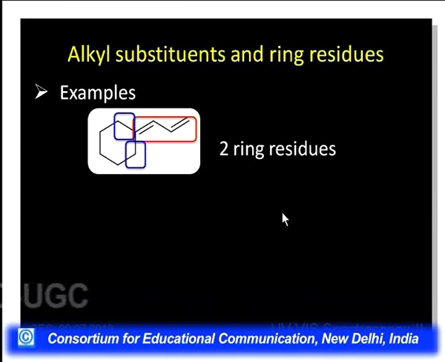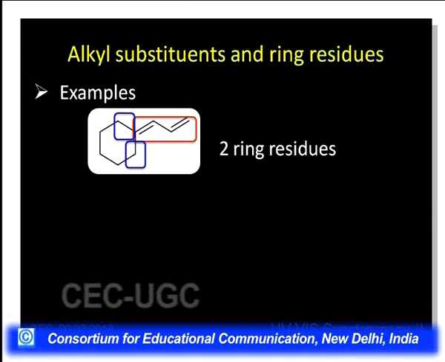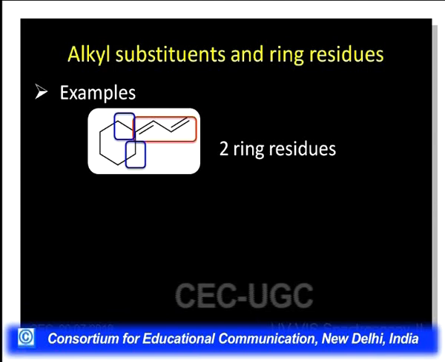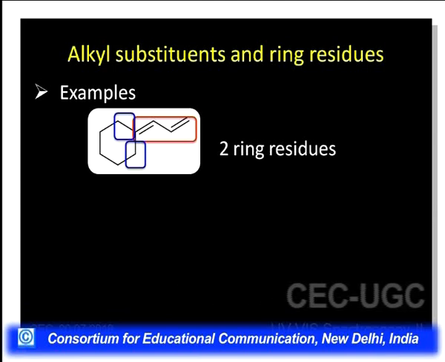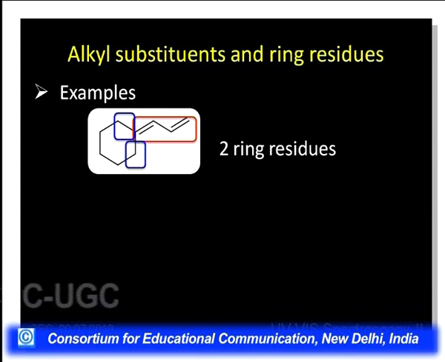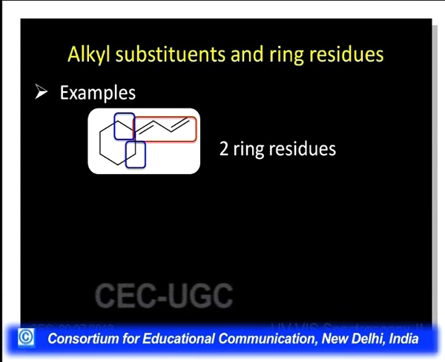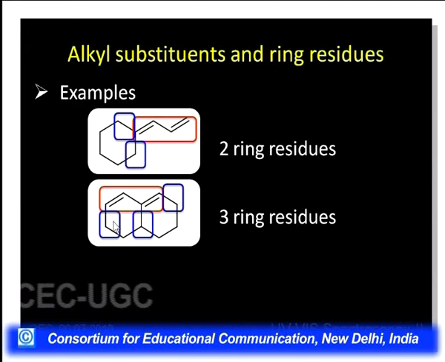So distinguish between ring residue and alkyl substituent. An alkyl substituent will come only if it is an open chain structure. If the substituent happens to be part of a ring, then we call it a ring residue. So that's a distinction we have to make here. In this case, this is the basic chromophore, and we've got 1, 2, 3 ring residues.